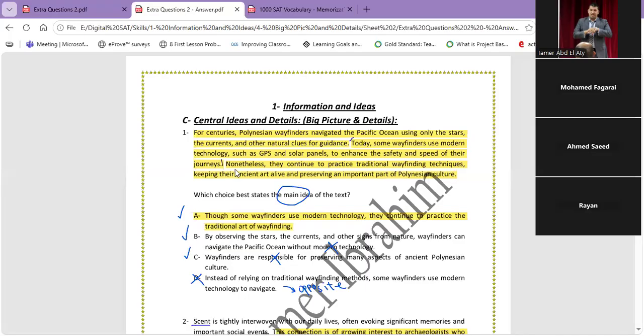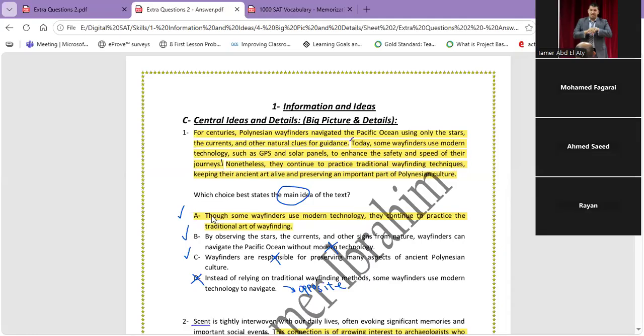The last sentence: nonetheless, they continue to practice traditional wayfinding techniques, keeping their ancient art alive and preserving an important part of Polynesian culture. So the last sentence talks about how those people are still keeping their tradition while they are on the Pacific Ocean.